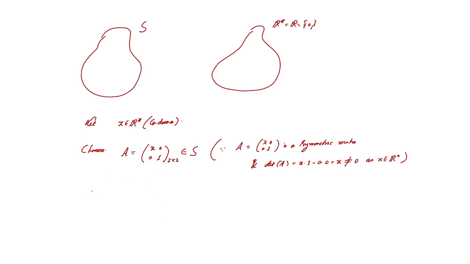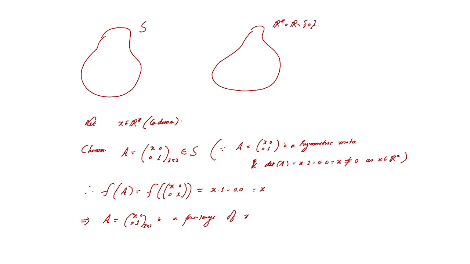Now we have F of A, that means F of x, 0, 0, 1, which is the determinant of A, that is x into 1 minus 0 into 0, which is basically x. So A equals x, 0, 0, 1 is a pre-image of x.